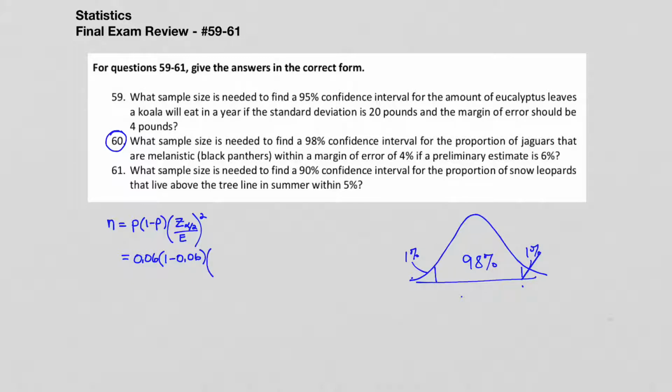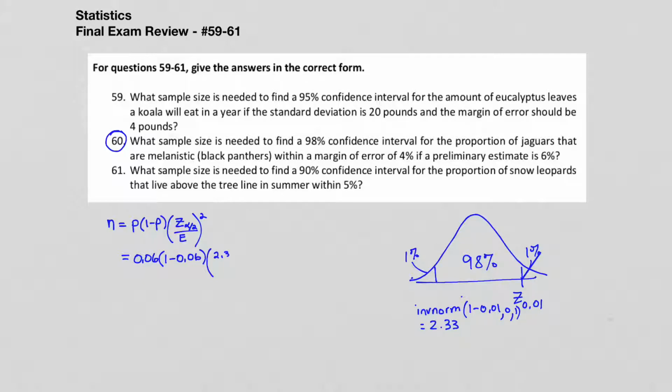So we're calculating z sub 0.01. And I do that by finding inverse norm of 1 minus 0.01, 0, 1, and this gives me 2.33.